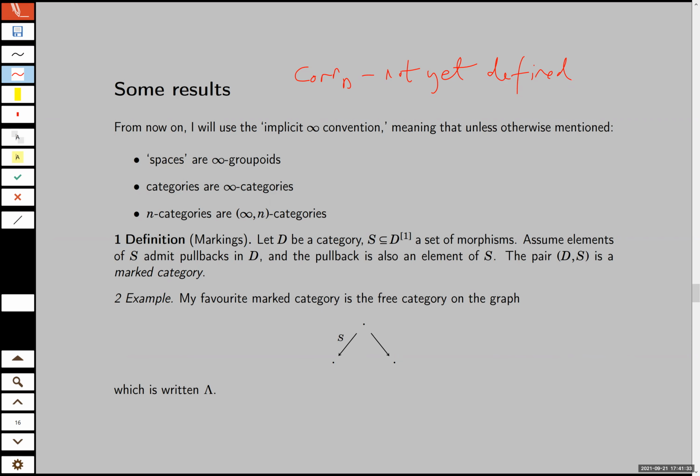We have to either pick a model for higher categories and realize this thing carefully within the model. The model will be some kind of an infinite structure, like a simplicial set.